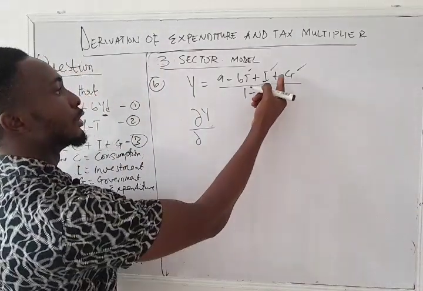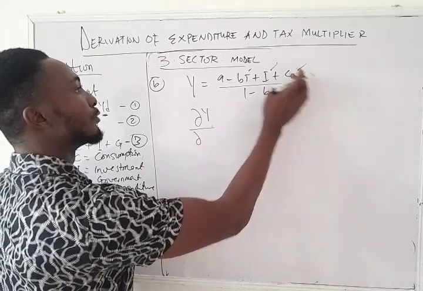Let's say we are looking for the government expenditure multiplier.